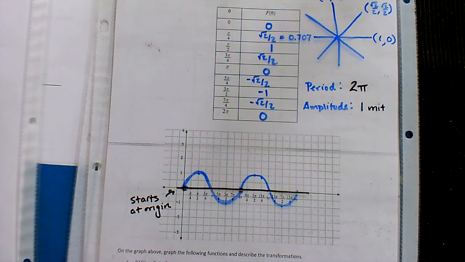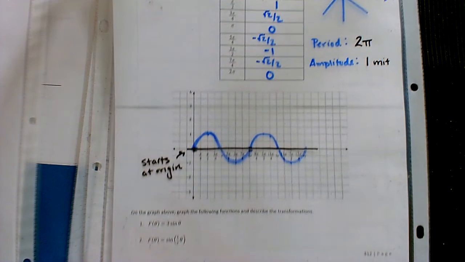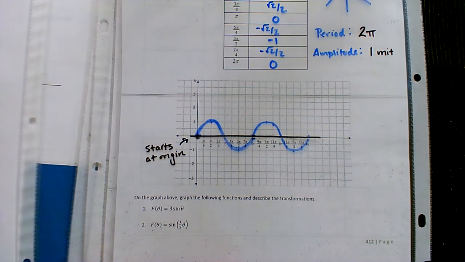Now, at the beginning of the year, we talked about graphical transformations, how we can stretch a graph, shrink a graph, shift a graph, flip a graph. We remember doing all of those, right? We can still apply those transformations to these trig graphs because they're still a graph nonetheless. So let's take a look at those at the bottom.